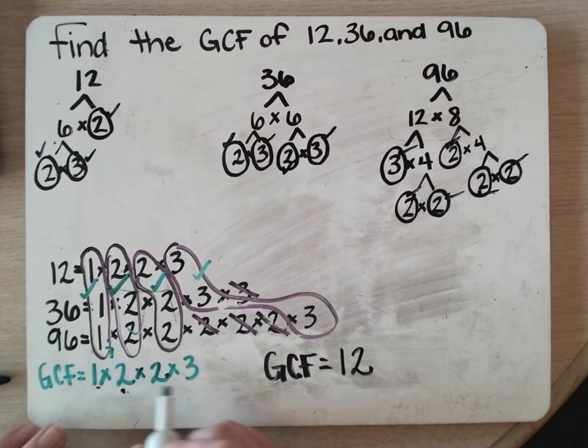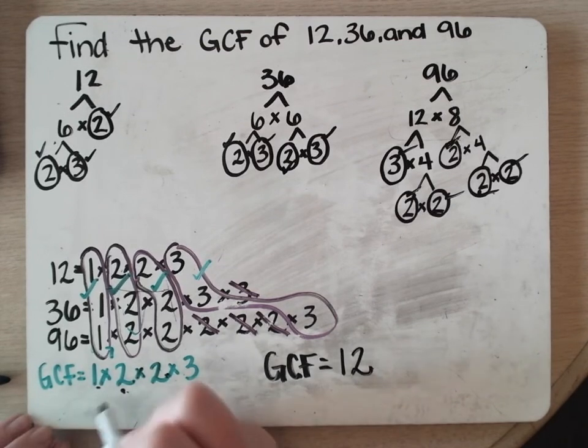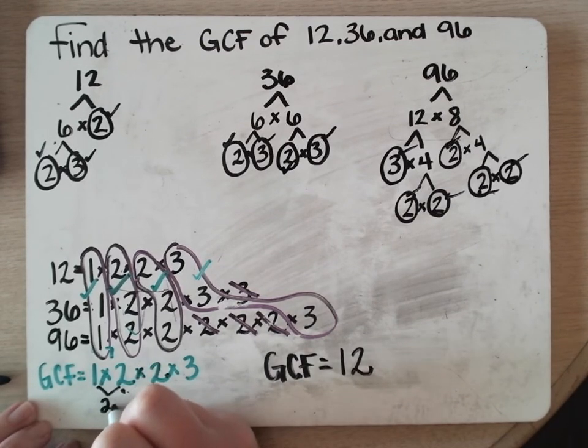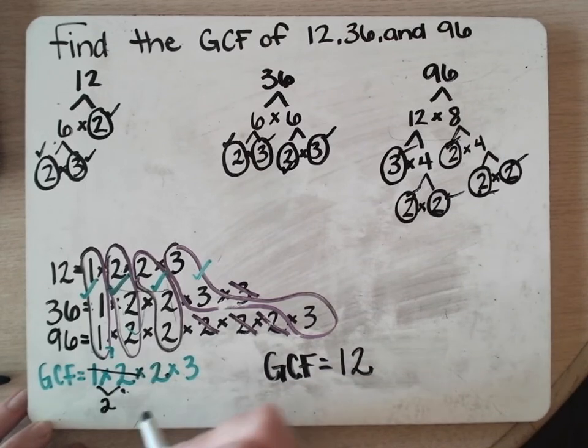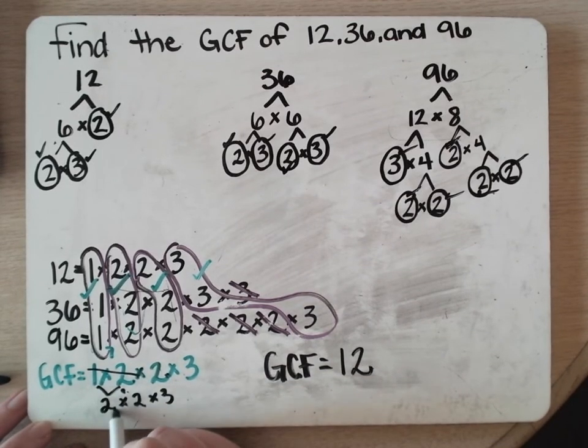You can also work out this equation piece by piece. So 1 times 2 is 2. Now you have 2 times 2 times 3. So 2 times 2 is 4. And then 4 times 3 equals 12.